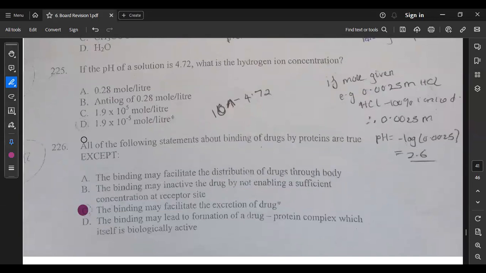So Abigail is saying she thought only free drugs are active. I'm wondering, renal excretion is usually facilitated by glucuronidation of some drugs. Glucuronidation.